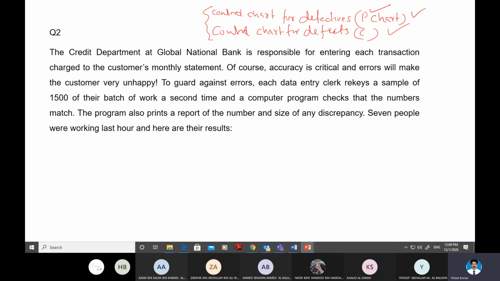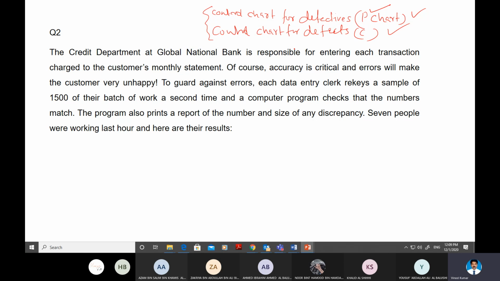Say one hotel, you are getting 10 complaints. Say one day you have 10 problems. These are control charts for defects. So each item has say how many defects. You have to identify which chart it is. I will not say it is a defects chart or defectives; you have to identify which type of problem it is.